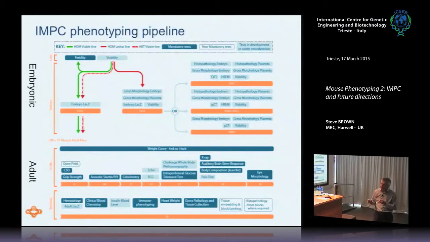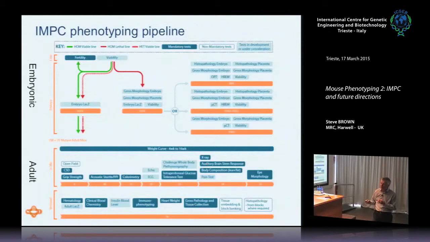So we have a variety of in-life tests, which are these tests here, that start at 9 weeks with, for example, open field and grip strength. And they go all the way through a whole variety of tests in life to 16 weeks, where the terminal tests begin. Body weights are measured all throughout this time course as well. And then at 16 weeks, they go into a variety of terminal tests.